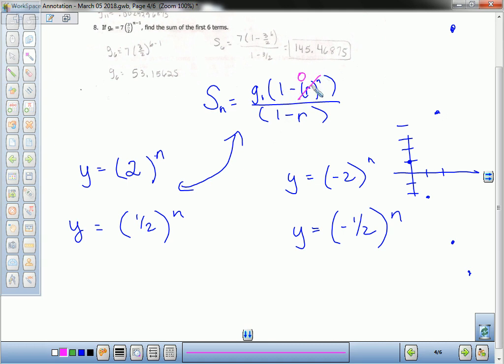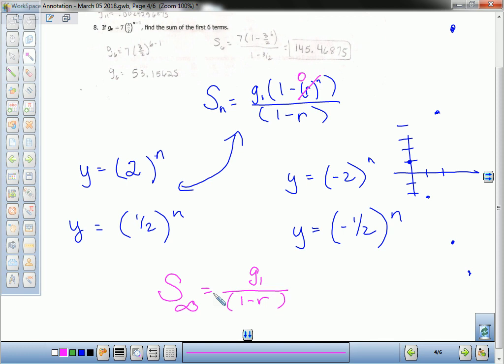And what is 1 minus 0? 1. And what is 1 times g sub 1? The same number as you started, g sub 1. And guess what this formula is for? The sum of an infinite geometric series.